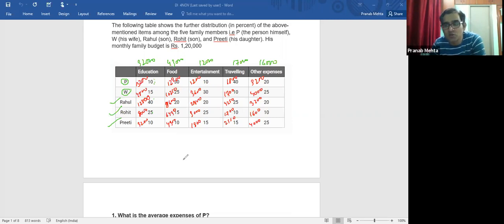So 4 into 3 is 12,000 and 200 into 4 is 800, so 12,800. Look, this is how you have to learn calculation. Don't get tense. For 25%, divide the number by 4. This is what we learned in the last class. Most of you have already attended, you know how to calculate percentage. Anyone who has not understood, please ask me.